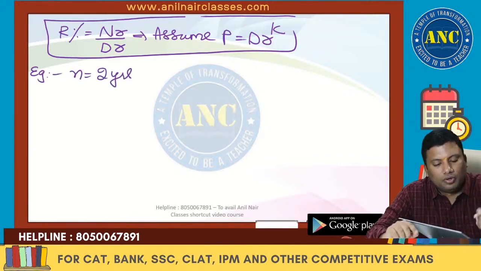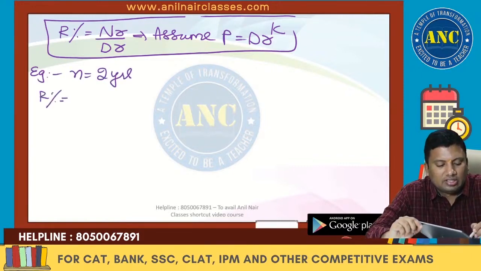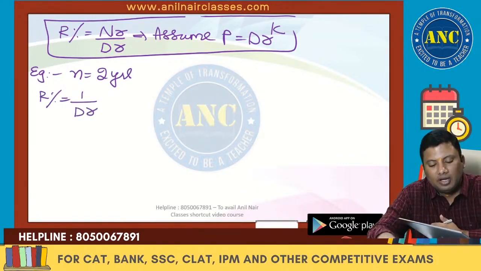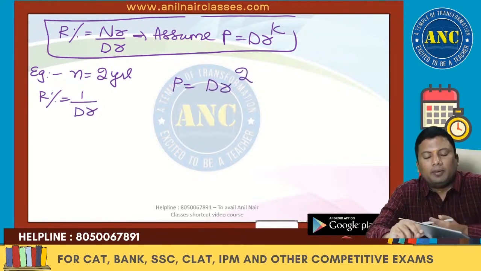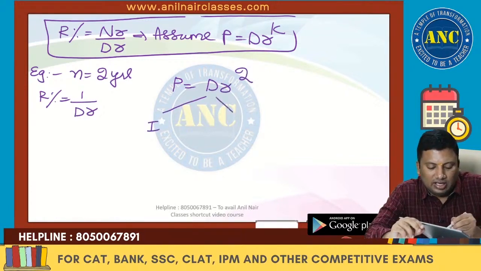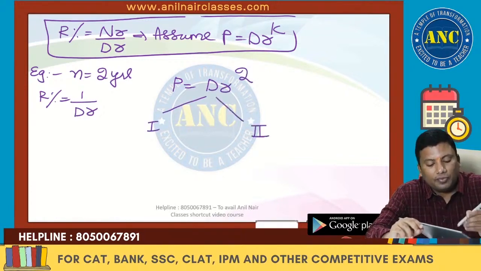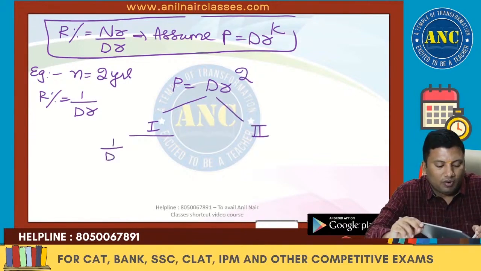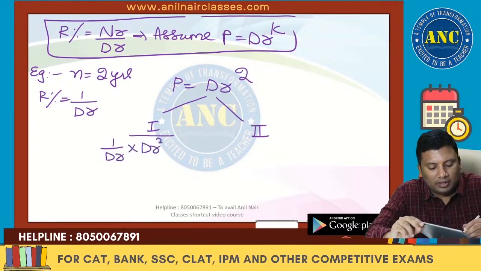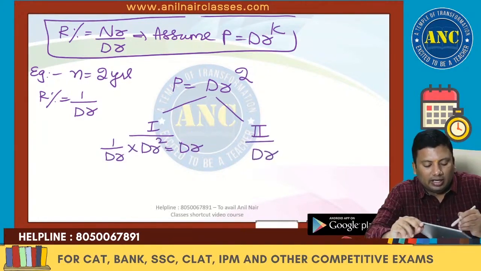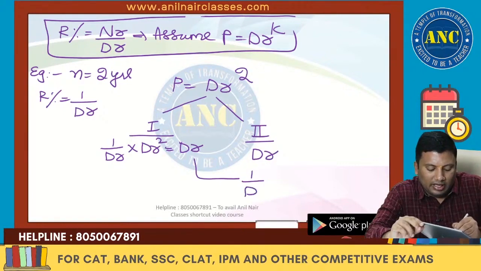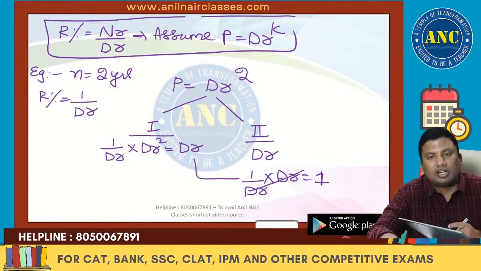R percentage is of the form 1 by denominator. Principal will become denominator square. Am I right? So, this is first year and it is second year. First year it will become 1 by denominator into denominator square, which is the denominator. This will become 1 by denominator into denominator, which is nothing but 1.